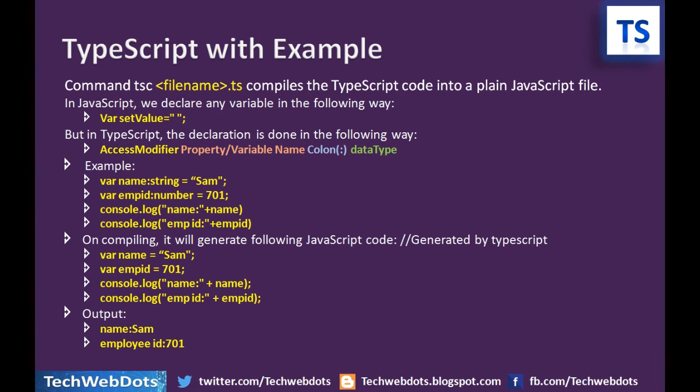On compiling, it will generate the following JavaScript, which is generated by TypeScript. It is exactly the same pure JavaScript lines, which I believe you are aware of: var name equals Sam, the code, and the console.log lines.